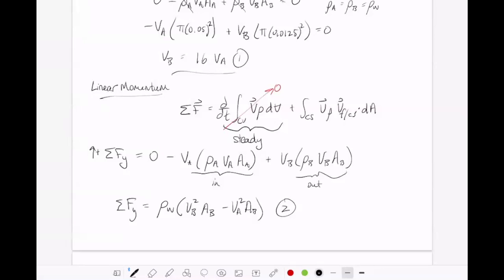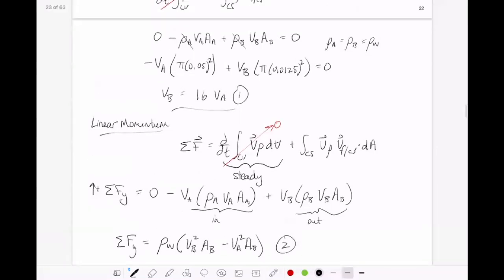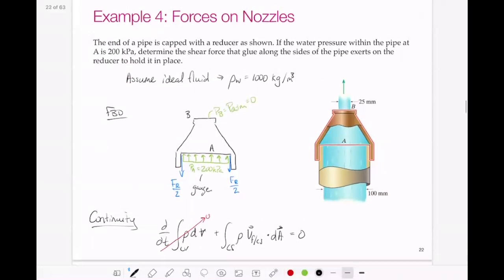But we still don't know what the values of VA or VB are. We could substitute equation 1 into equation 2, and we can get an answer in terms of VA or VB, but we still don't know what VA or VB are, so we don't know what the reaction forces are. So what's another equation that you think we could use that could tell us what the velocities at point A and point B are?